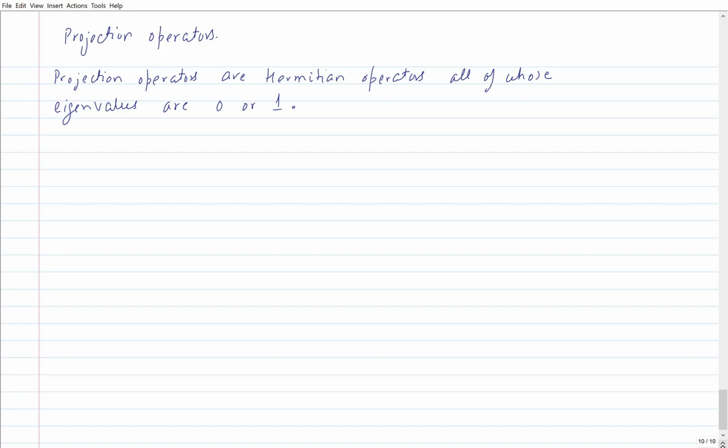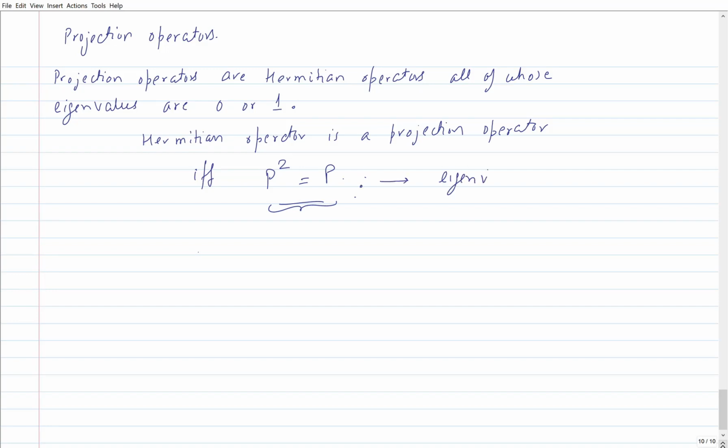In other words, a Hermitian operator P is a projection operator if and only if P squared equals P. So show that if an operator meets this condition, it's a projection operator with eigenvalues 0 or 1 essentially.